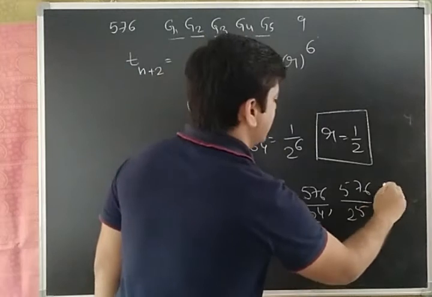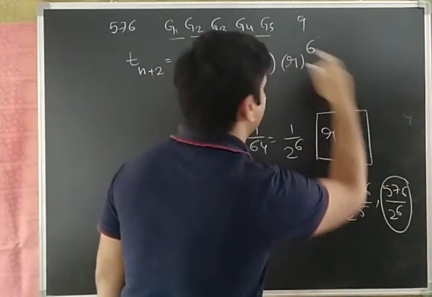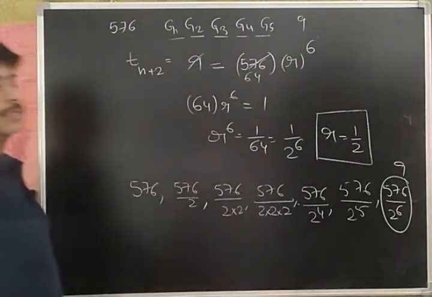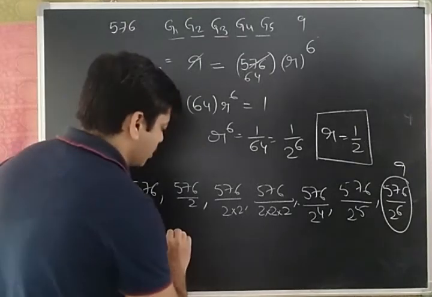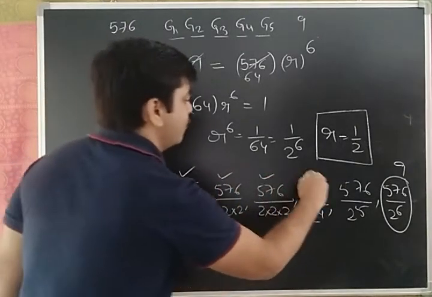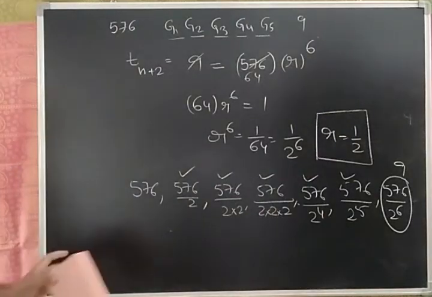And the last step, 576 by 2 power 6, this value should be 9. Please try to check that value. So this is the required geometric progression, and all these middle terms are the 5 geometric means.